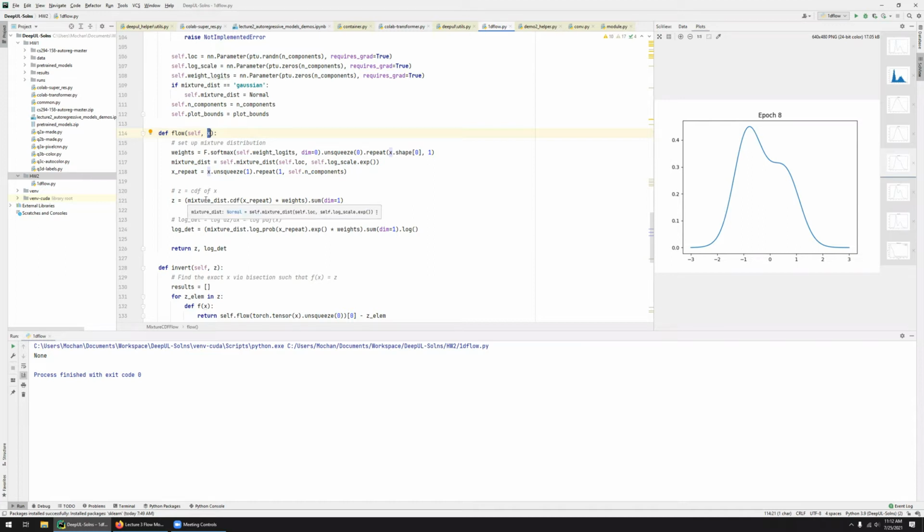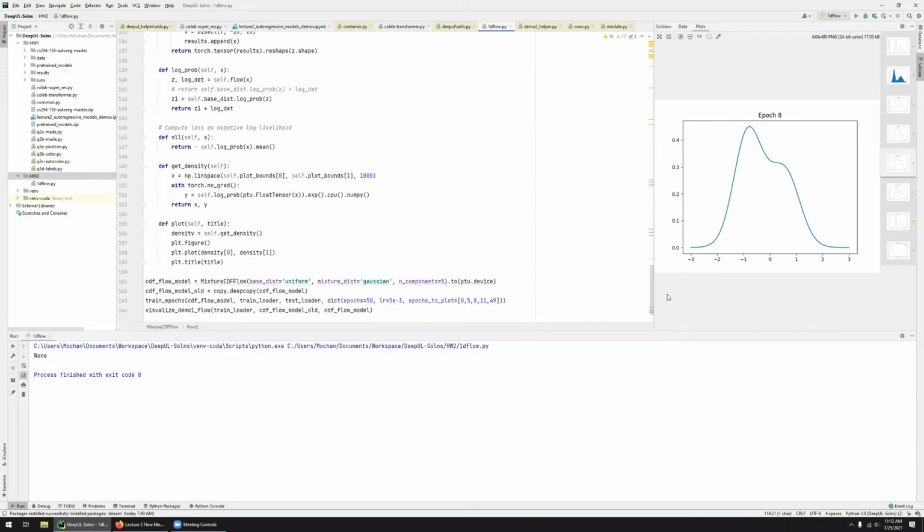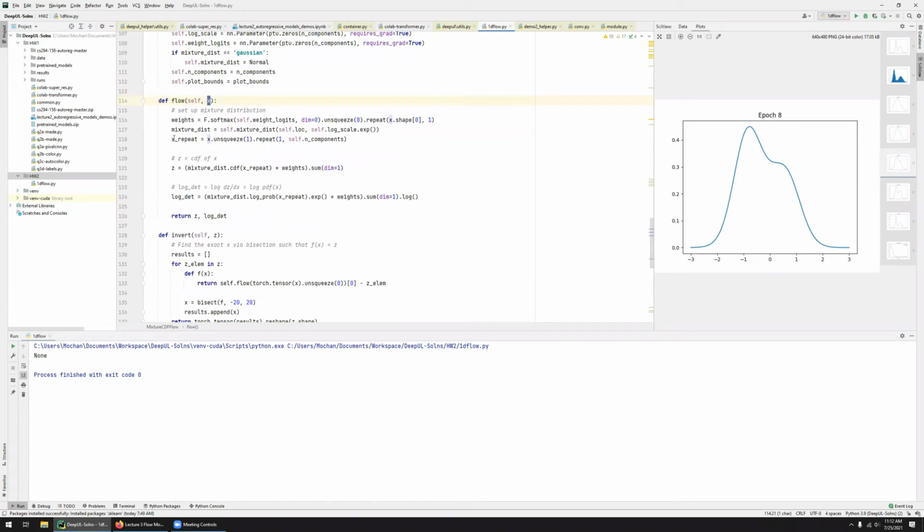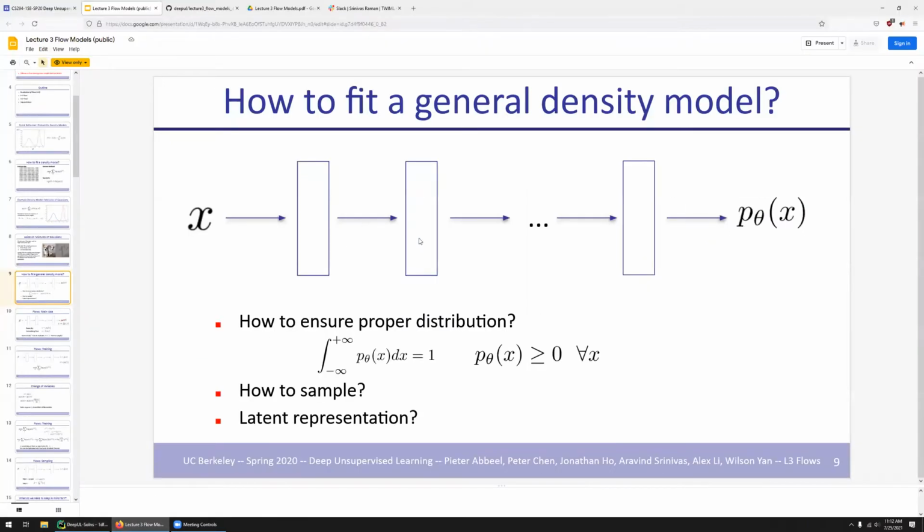If we look below, there's a mixture of 5 Gaussians. So it's just repeating the X 5 times, and then Z is actually the mixture Gaussian. You take the CDF of it, and then multiply it by the weights. Right. So the confusion here is, let's see.